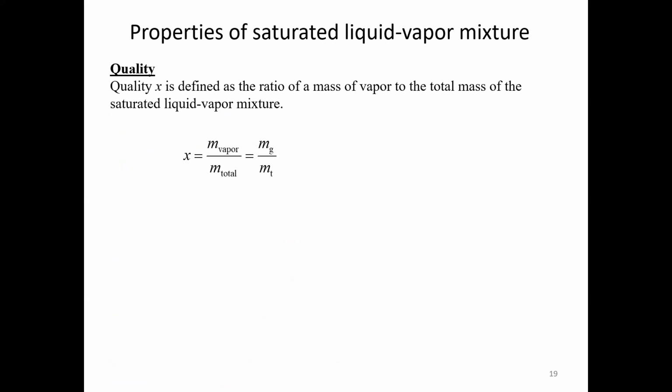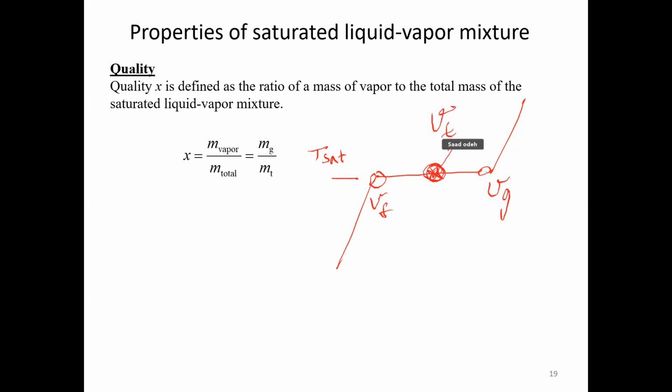Because you know that we mentioned again in two-phase region, the temperature is constant, it doesn't change. So if I want to, for example, find out the property of this point, I can't say this is VF because the VF is here, and I can't say this one is VG because VG is at this point. It's somewhere in between. So I can use only T saturation to know, for example, VT, I'll call it, right? Because it's somewhere in between.